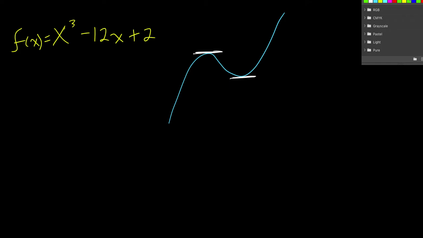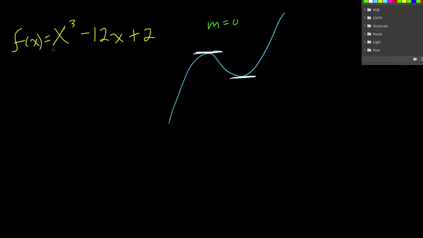Now, what we do is we find the derivative, and if you notice, the slope of a horizontal line is up 0 over 1 or up 0 over 10. It doesn't really matter, but the slope is going to be equal to 0 on a horizontal tangent.